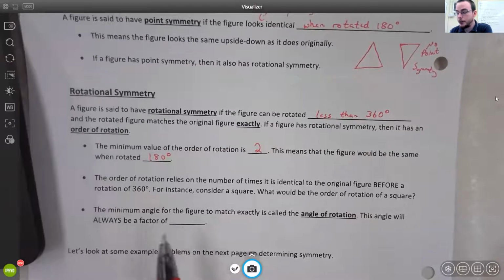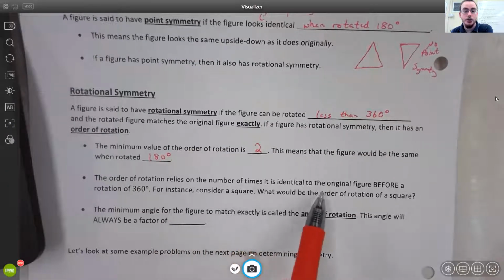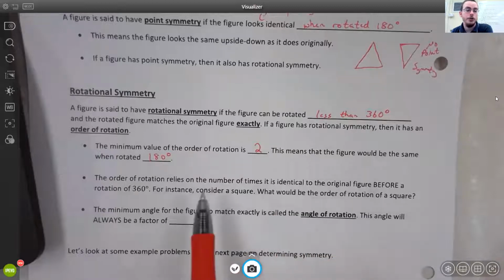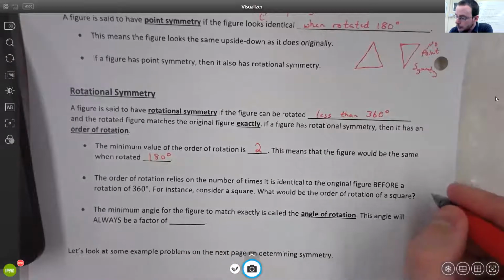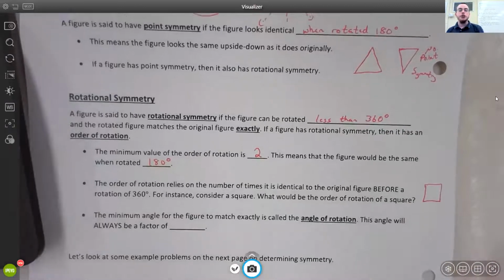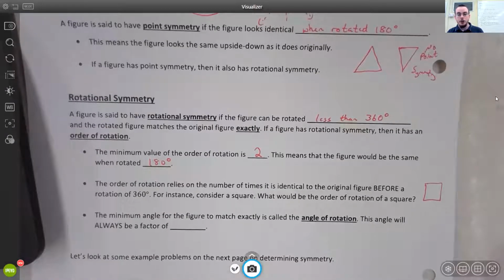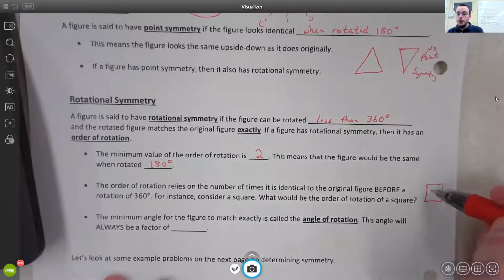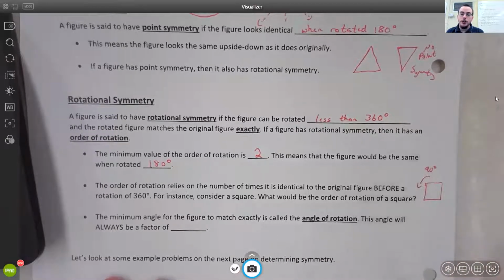Now the order of rotation is going to rely on the number of times it is identical to the original figure before a rotation of 360 degrees. For instance, consider a square. What would be the order of rotation of a square? Well, if you take a square, how many degrees would you have to rotate that in order for it to look identical? Well, you would only have to rotate this 90 degrees to make it look identical.